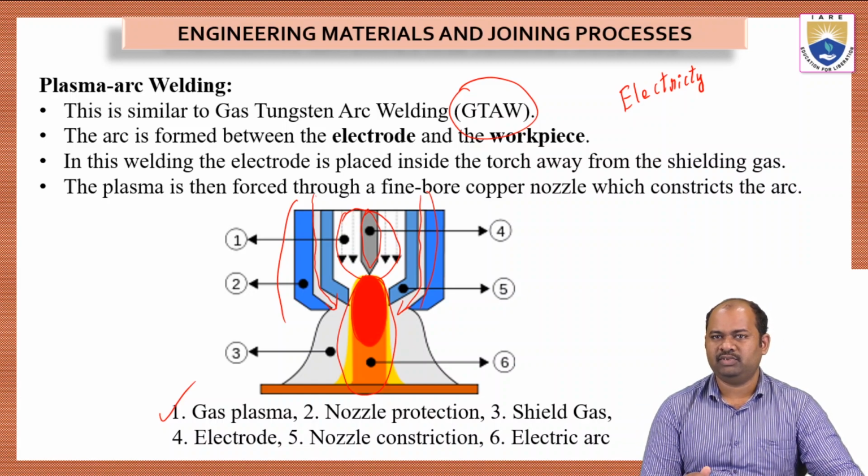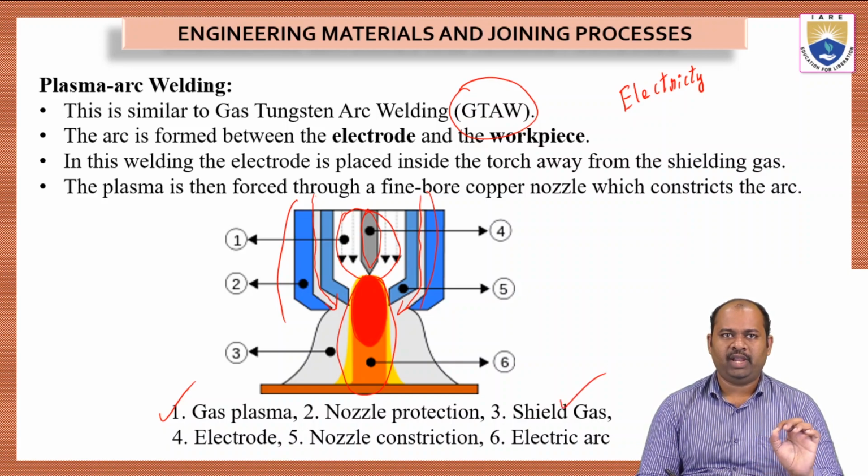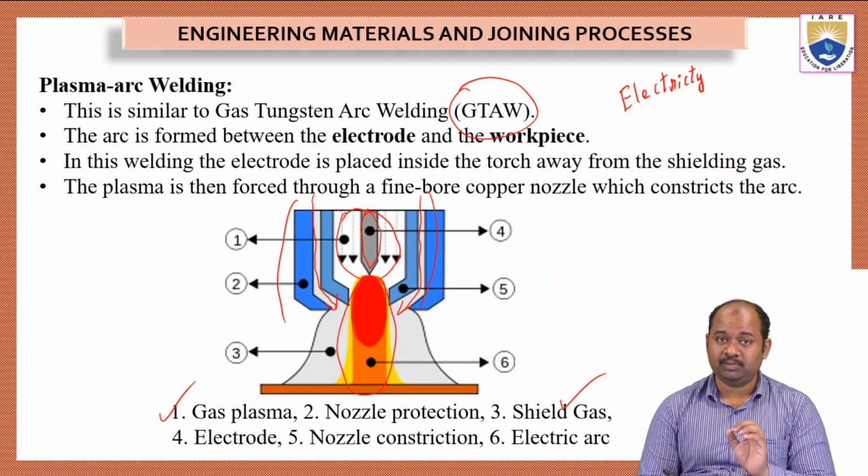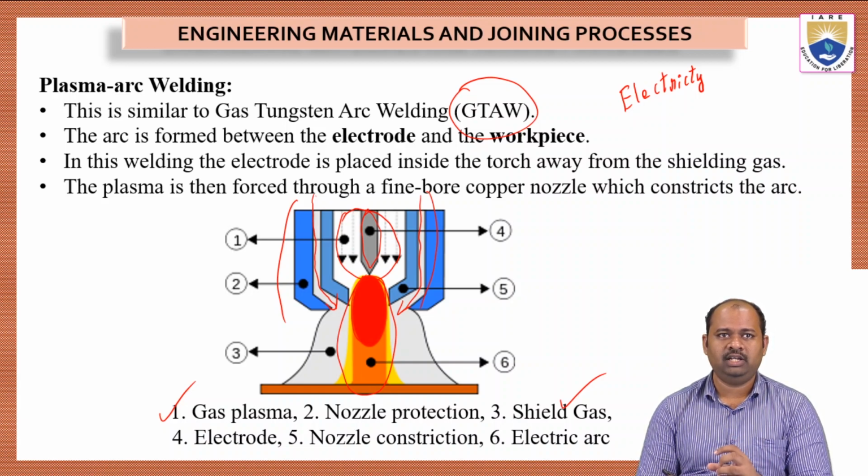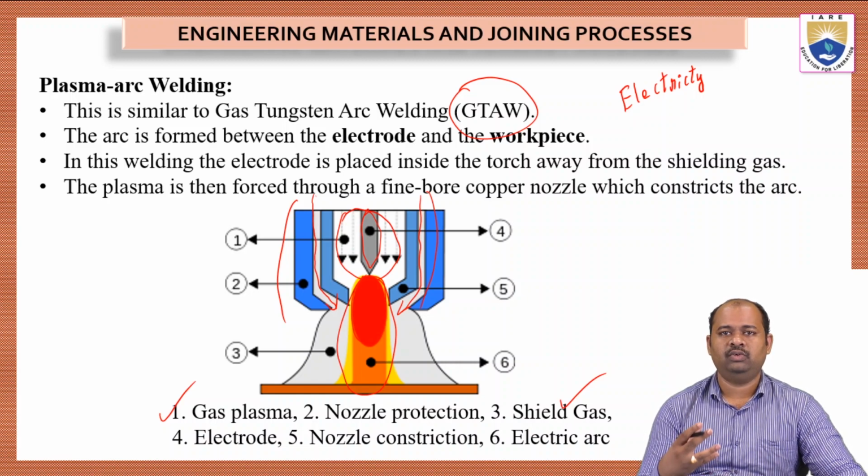So what is the purpose of this shield gas? Shield gas and plasma gas are both different. Plasma gas is used to produce the arc, whereas shield gas is sent into the torch in order to avoid the oxidation of the freshly welded joint.